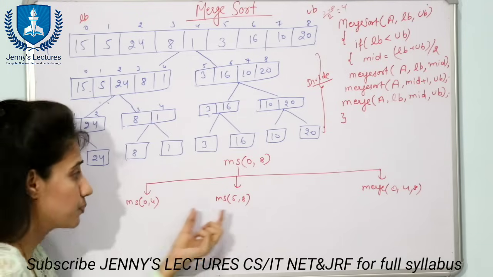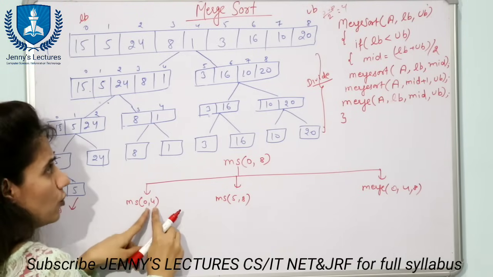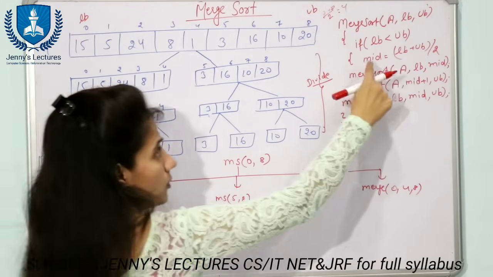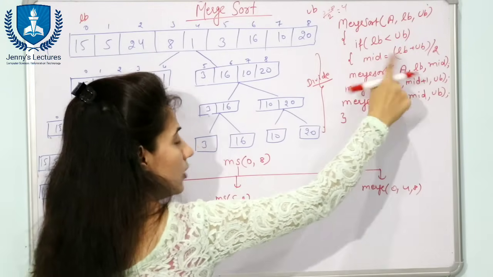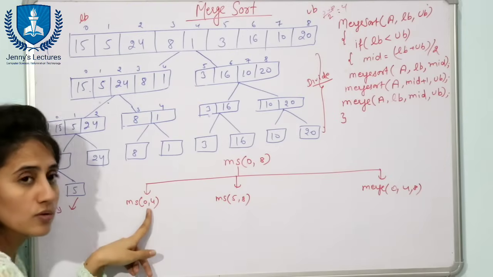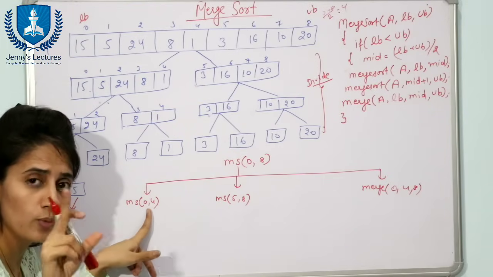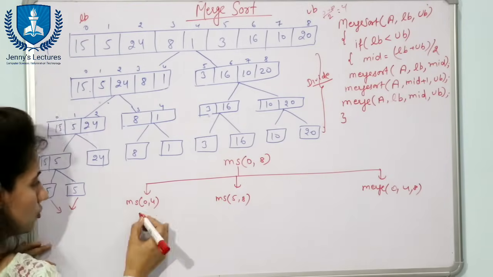Fine. Now from 0 to 4 again recursively merge sort would be called from 0 to 4. 0 is less than 4, yes. Calculate mid. Mid is equal to 0 plus 4 divided by 2, that is 2. Midpoint is 2. Now again call this merge sort.